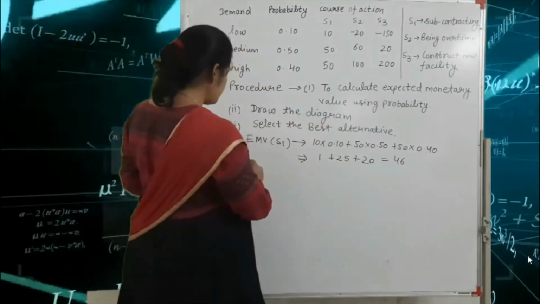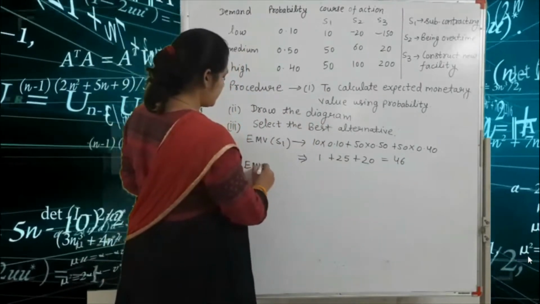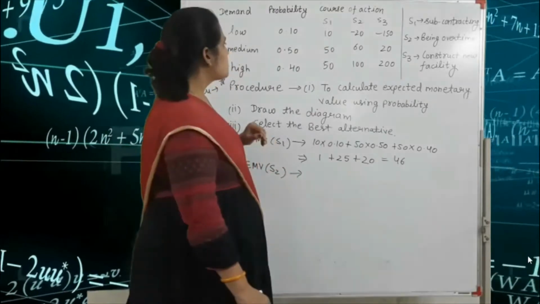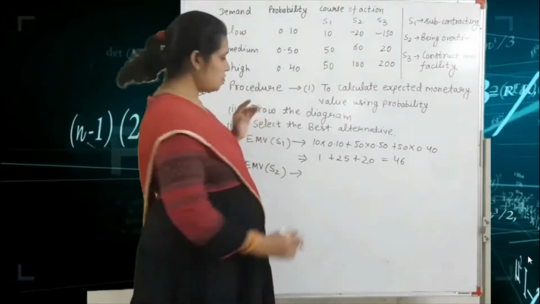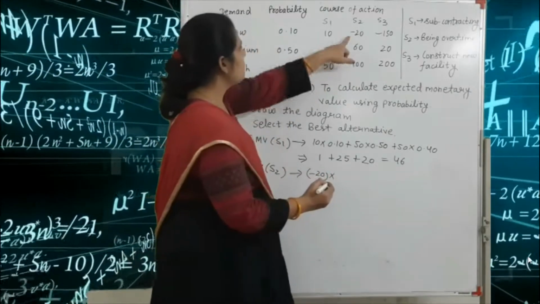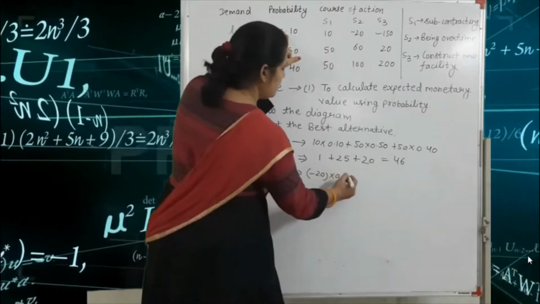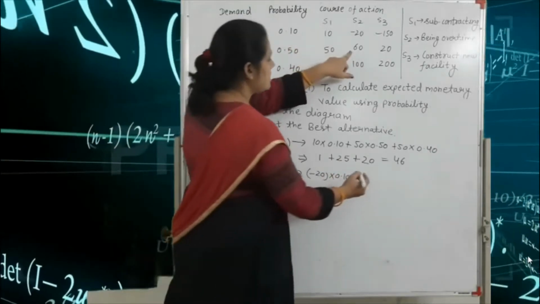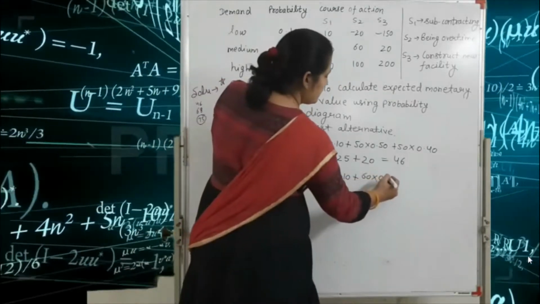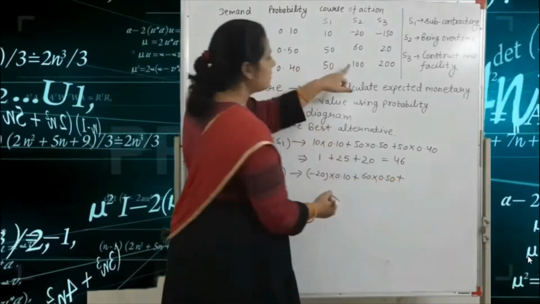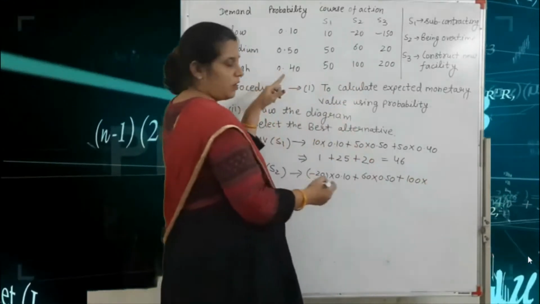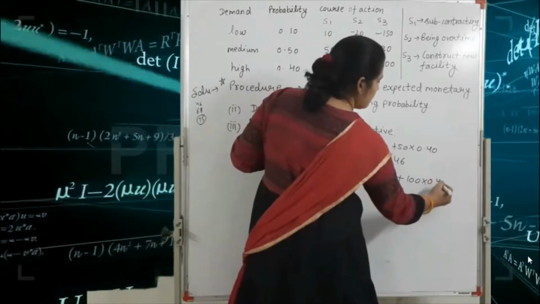Next we find the expected monetary value of S2. This is the column of S2. So we write minus 20 into 0.10 plus 60 into 0.50 plus 100 into 0.40.